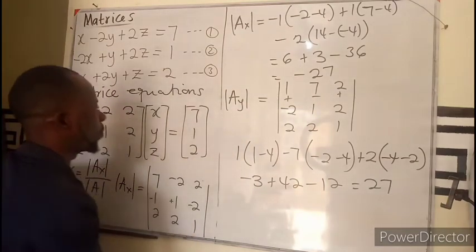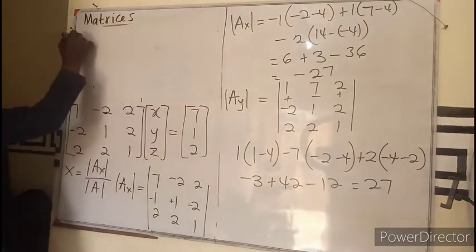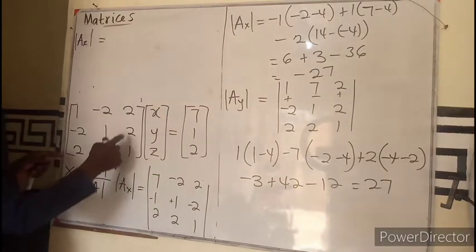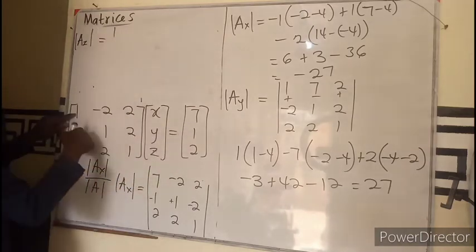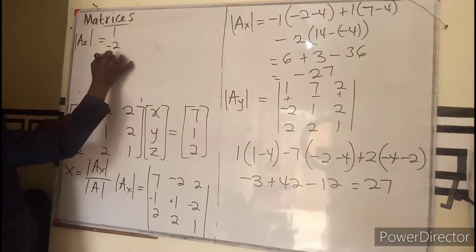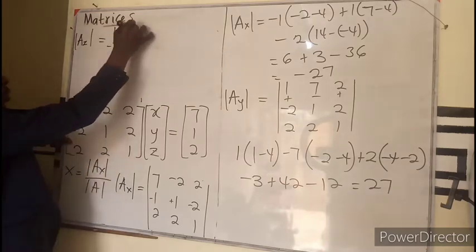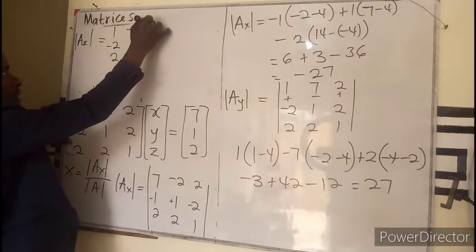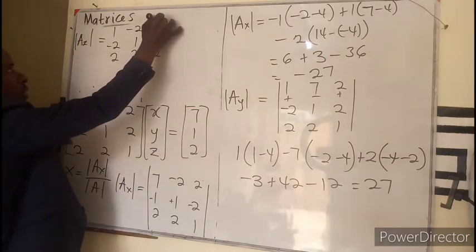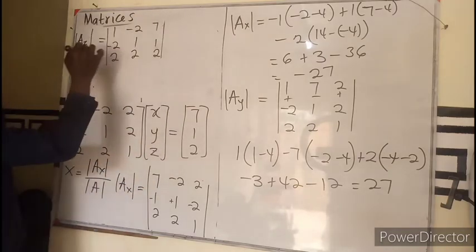Let me take the top. We are replacing the last column with this. So 1, minus 2, 2. Minus 2, 1, 2. This will come 7, 1, 2. It's a bar.